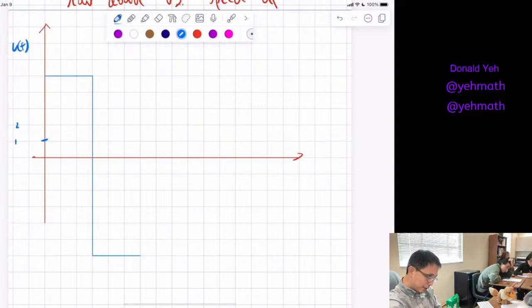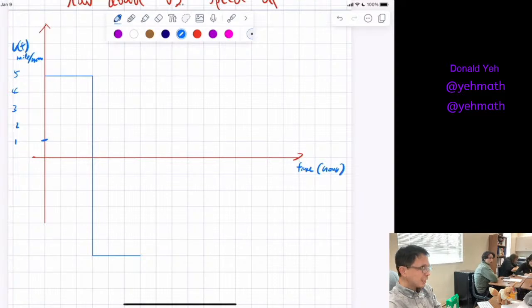So 1, 2, 3, 4, 5. And this is in terms of miles per hour, and the time is gonna be hours. We're gonna just do something basic, not something fancy. So let's assume that Aiden can run like 6 hours. He's David Goggins.